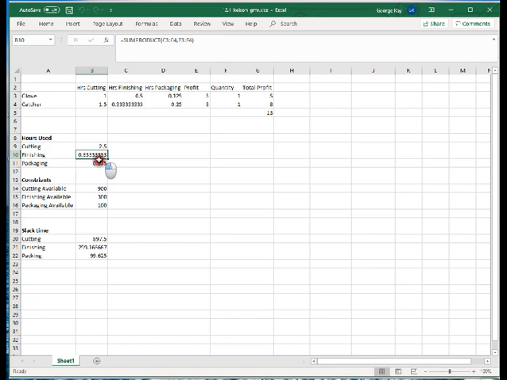Likewise finishing, likewise packaging. Our available hours from our employees are 900 for cutting, 300 for finishing, 100 for packaging.